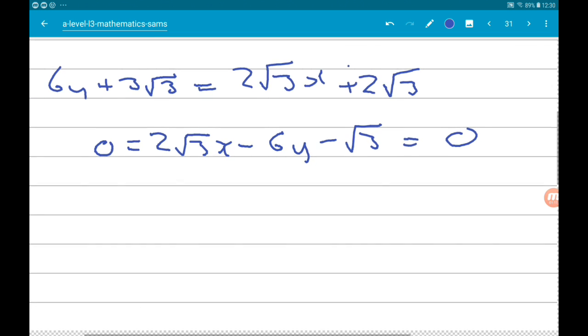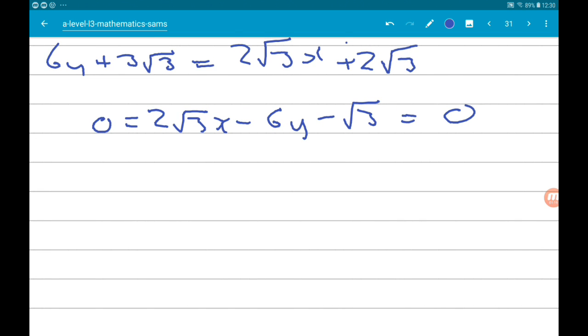So, if we now divide through by root 3, we get 2x, that's good, minus 6y over root 3, minus 1, also good, is equal to 0.